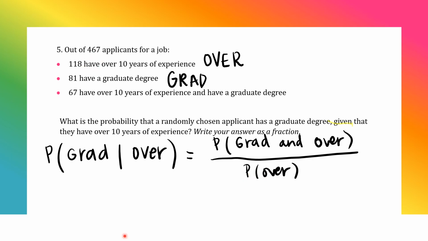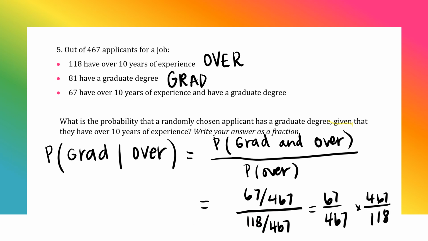So 67 over 467 divided by 118 over 467. So keep, change, flip, or just think, it's going to be the numerator from the top over the numerator from the bottom. Those 467s cancel, and you're left with 67 over 118.